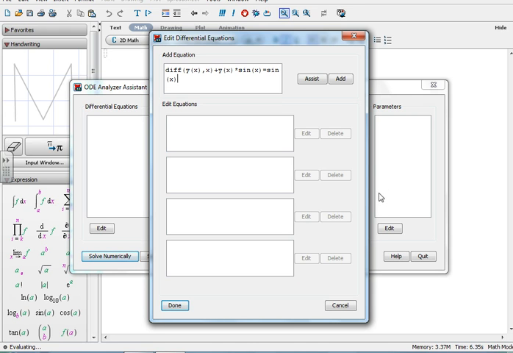All right, do I have that right? I might. The derivative plus that times sine x is equal to sine x. That looks good.